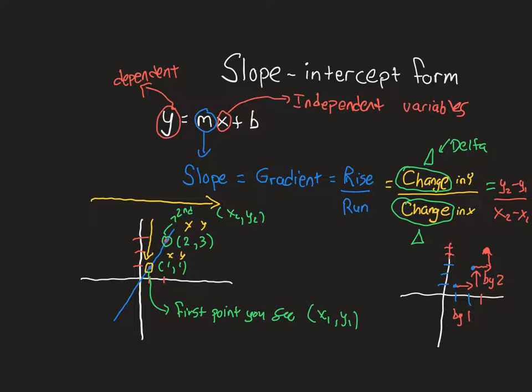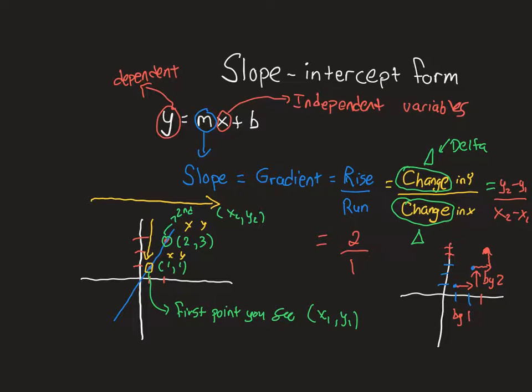So rise over run in this case would be, I went up by 2, so positive 2, and I went to the right by 1. So my slope should be 2 over 1, or more accurately, 2.